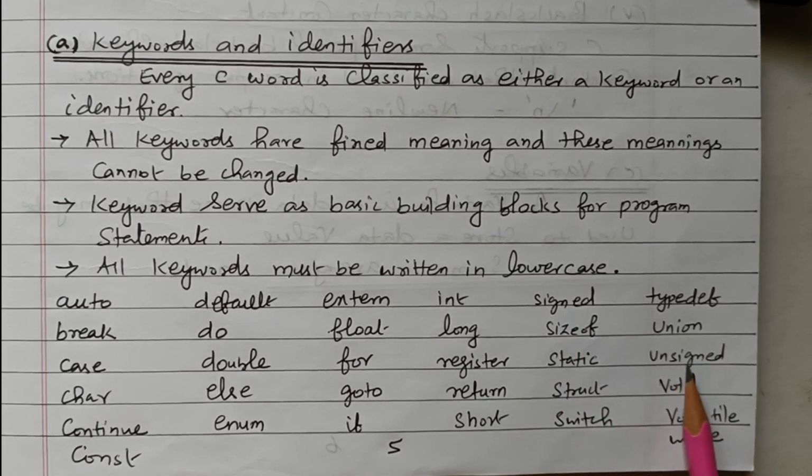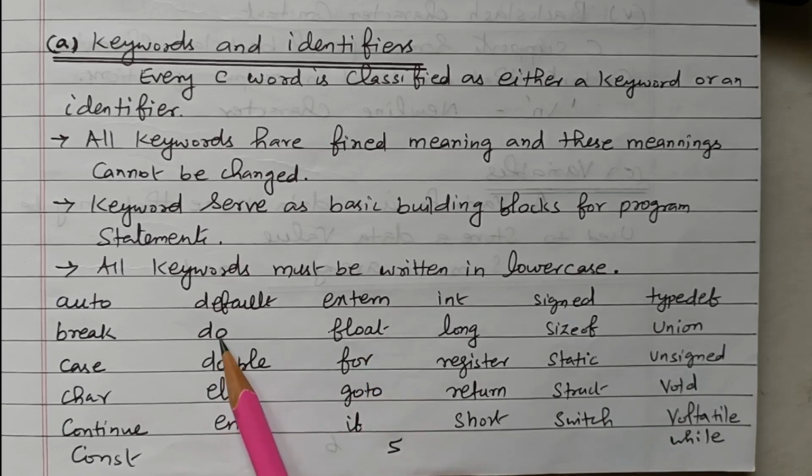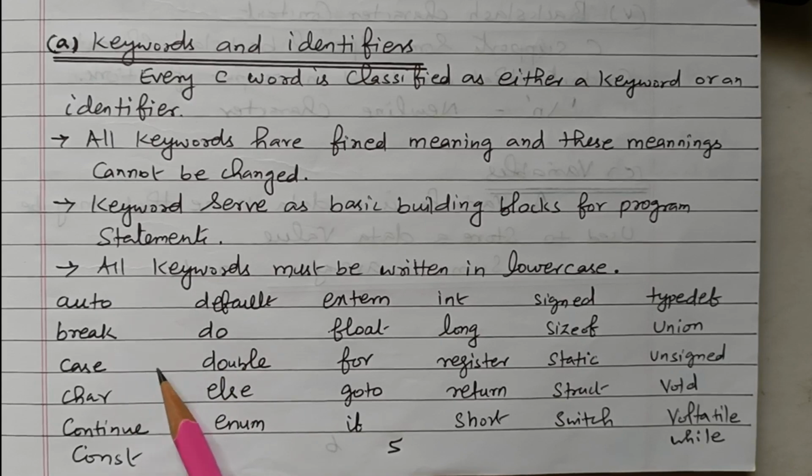Unsigned means we are not bothered about the sign. Similarly, float is one type of data type. Do means we are asked to do the following statement. Break means it will break the statement. Like this we have keywords and identifiers. Now we'll go to the next subdivision.